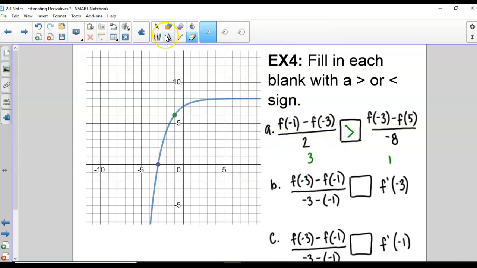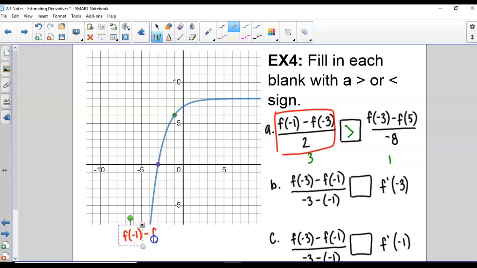So this, f of negative 1 minus f of negative 3 all over 2. This looks a lot like slope formula to me, right? So if I was doing slope formula for this, I'd have f of negative 1 minus f of negative 3, and slope formula, it'd have to be over negative 1 minus negative 3.